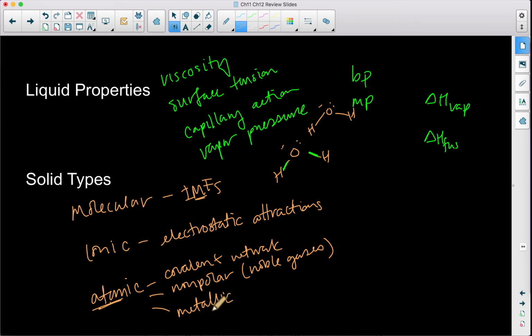Which are held together by metallic bonds, which your book describes as a sea of electrons, better stated as delocalized electrons. Delocalized, so not localized, not local, meaning spread throughout the sample.